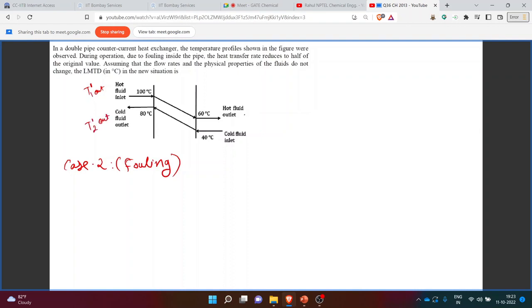The inlet temperatures of both fluids remain the same. For case 2, similarly we can write Q is equal to M1 Cp1 times 100 minus T1 dash out for the hot fluid, and M2 Cp2 times T2 dash out minus 40 for the cold fluid.